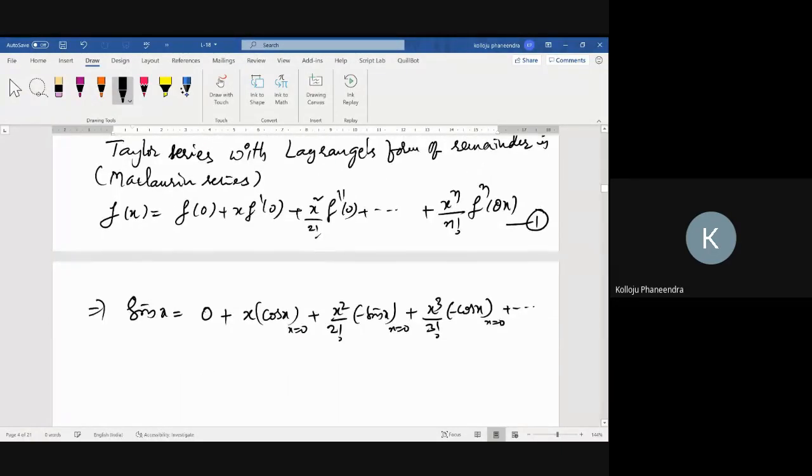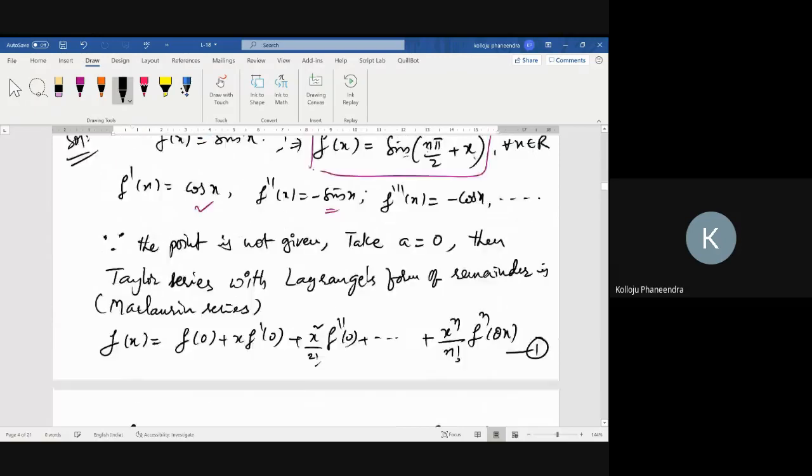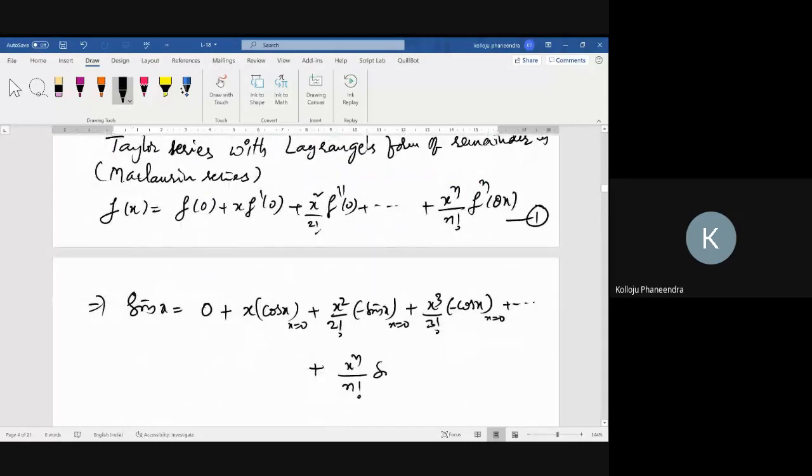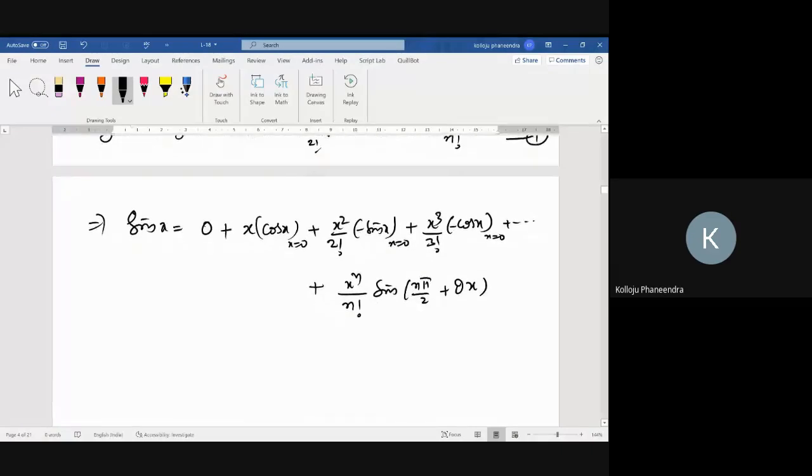And lastly, plus x to the power of n by n factorial f nth derivative at theta x. Now theta x is there, therefore sin of n pi by 2 plus theta x.